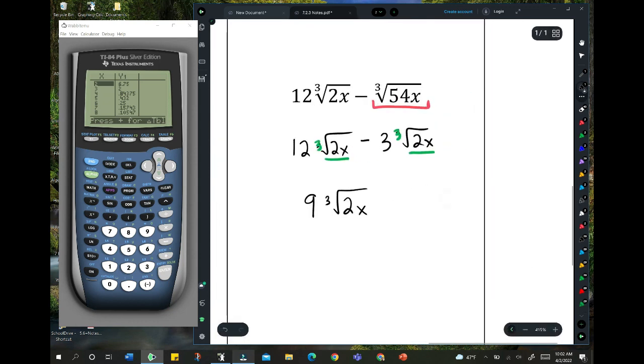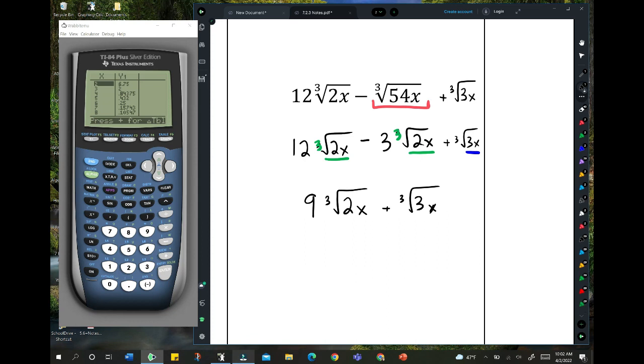Okay, one last thing. So that's addition, subtraction. Let's say with this example, we added a third root of 3x. Okay, so we're going to add a third root of 3x to the mix. Well, since those are not the same, you're just going to have an additional third root of 3x at the end. Okay, so even though they are both cubic roots, they cannot combine together.